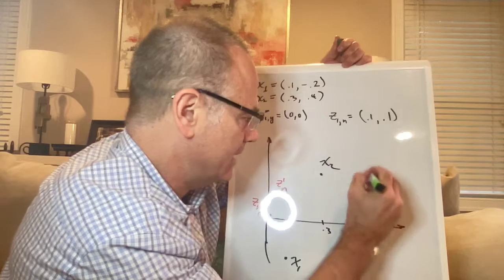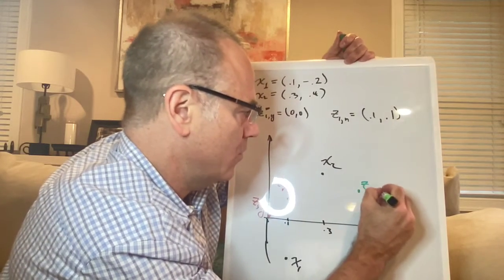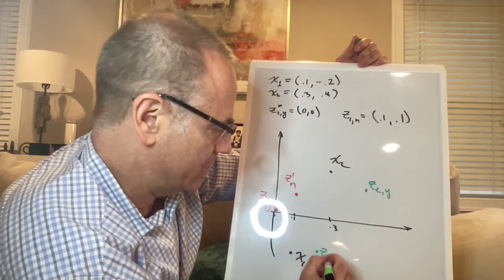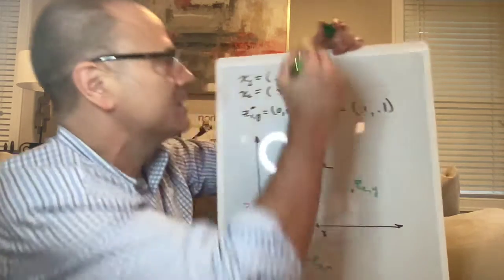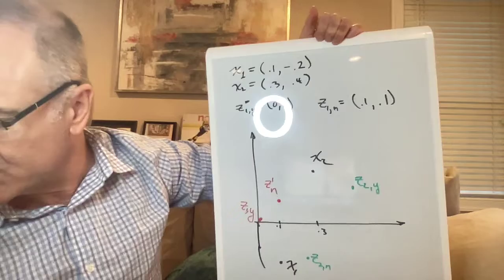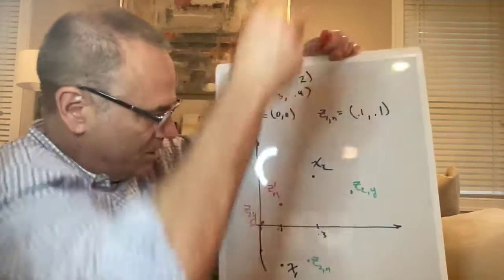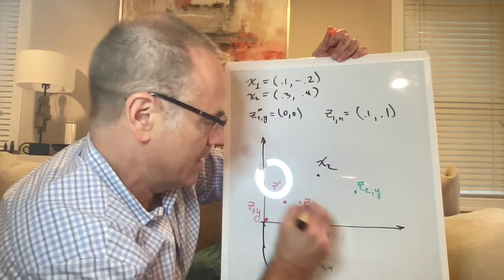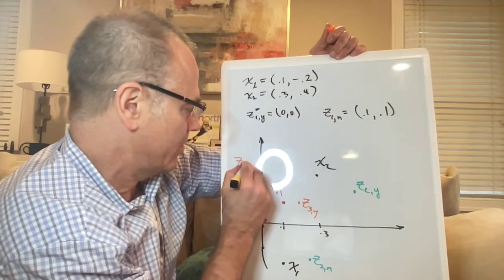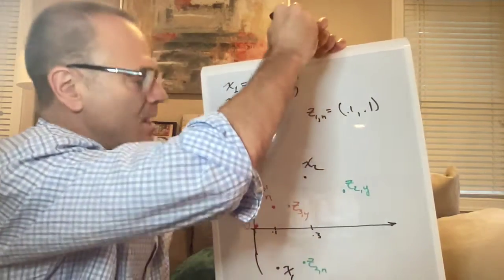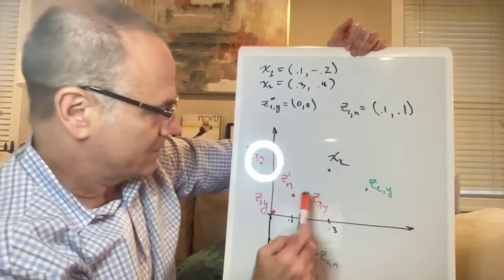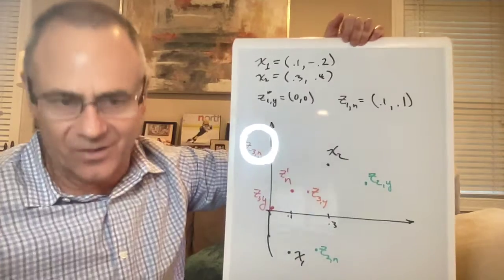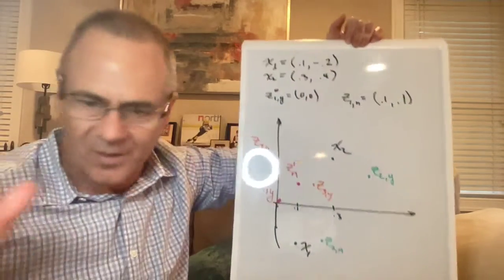So let's say z2 yea is here, and z2 nay is there, and then I'll use orange for z3 yea and z3 nay. I actually don't think these correspond to what I actually wrote on your homework, but it won't matter.